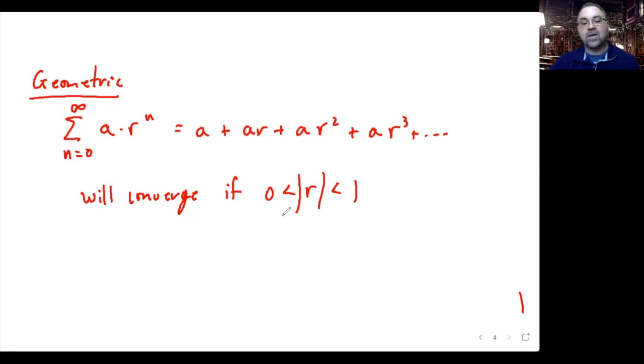It will converge. Not only will it converge, but the sum of that geometric is simply a over 1 minus r. So the first term divided by 1 minus the common ratio. So geometrics are super handy. We are going to use these a fair bit here as we work our way through this whole unit here in chapter 8 on sequences and series.